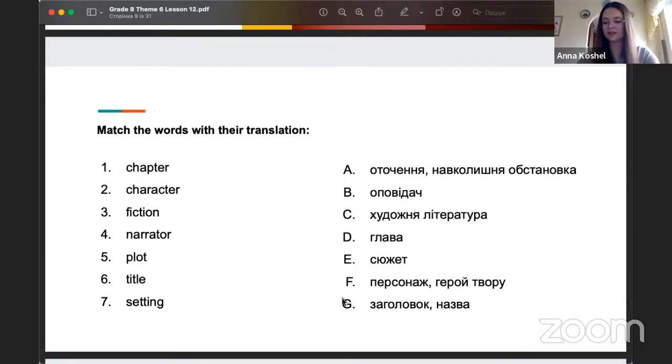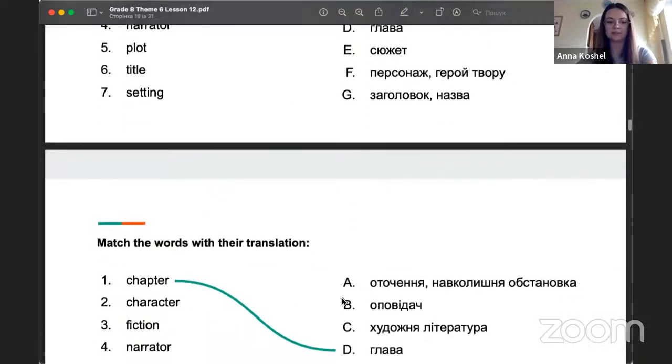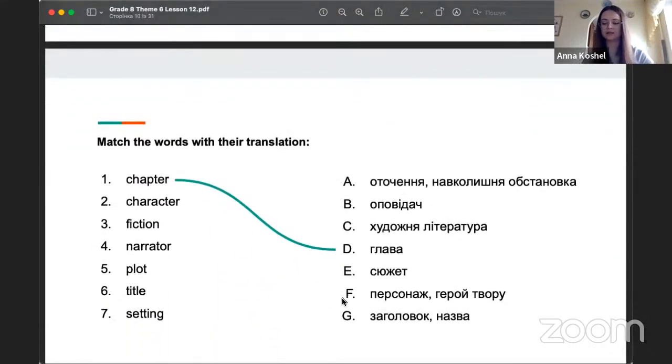You can write your ideas in the chat like 1A, 2B, 3C, and so on. Okay. So yeah, chapter is глава. So 1D, that's correct.